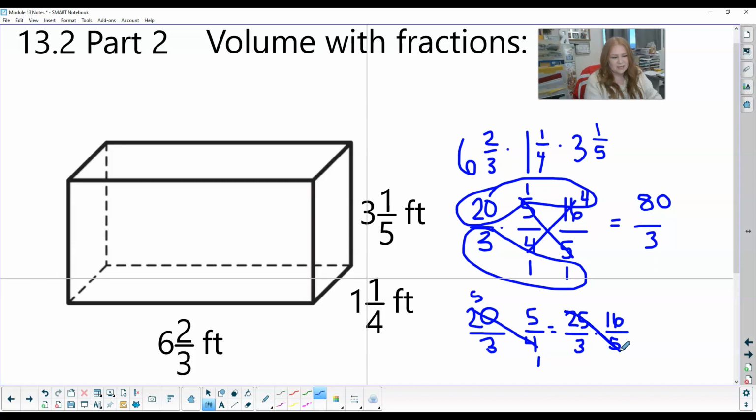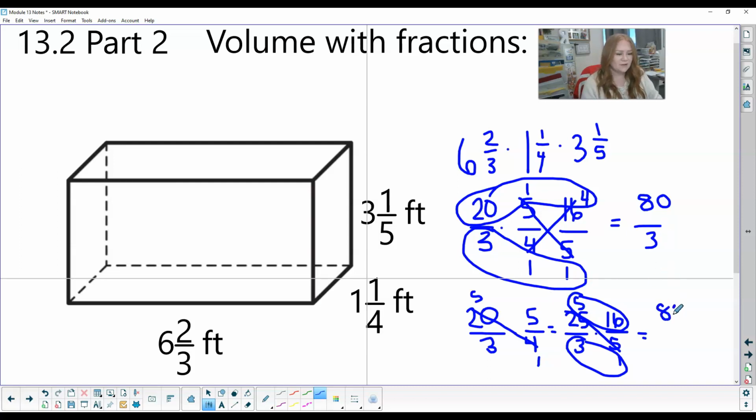So I'm simplifying these. That goes in there 1 time, 5 goes in there 1 time. So I would have ended up with 16 times 5 is 80, and 3 times 1. I get the same thing no matter how you do it, as long as you're simplifying correctly.